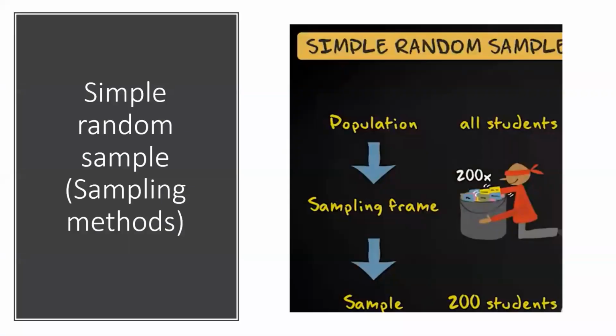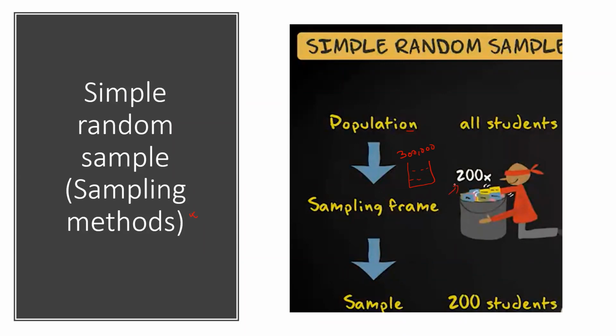So simple random sample is a sampling method. In this method, we have a whole population of 300,000 students in one bucket, let's say, and from this it randomly picks 200 samples.